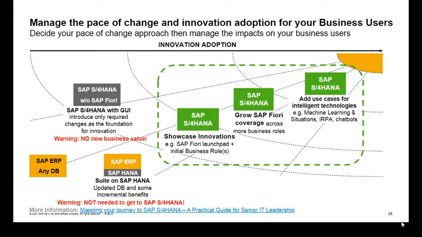And then at some point, on top of those Fiori applications, we could bring in all those intelligent technologies that we have on top. So this would be touching the areas I mentioned earlier: machine learning, situation handling, robotic process automation, artificial intelligence, chatbots, all of those.